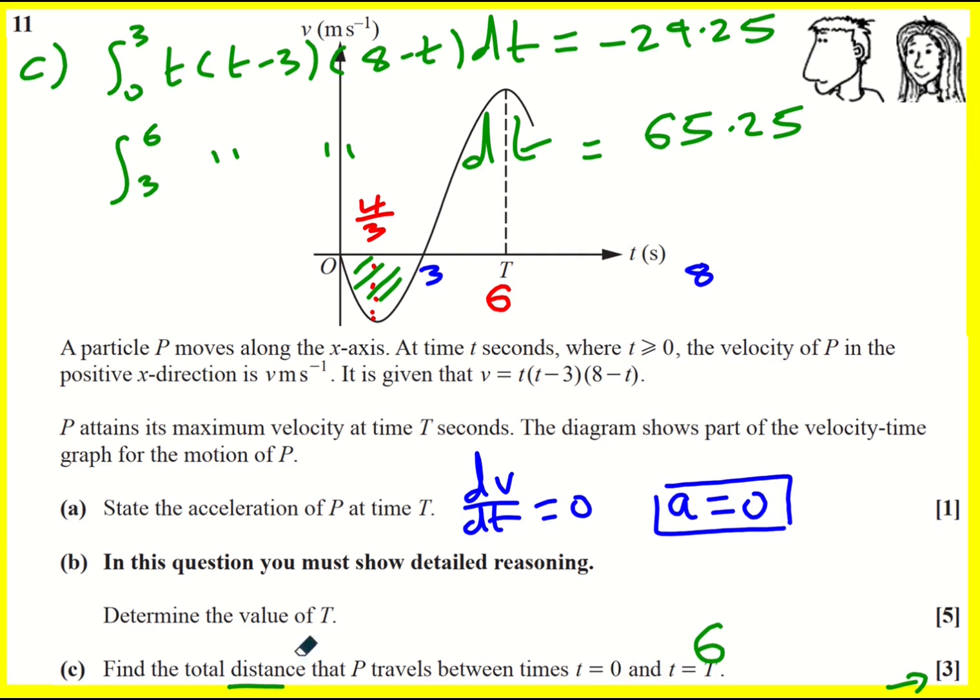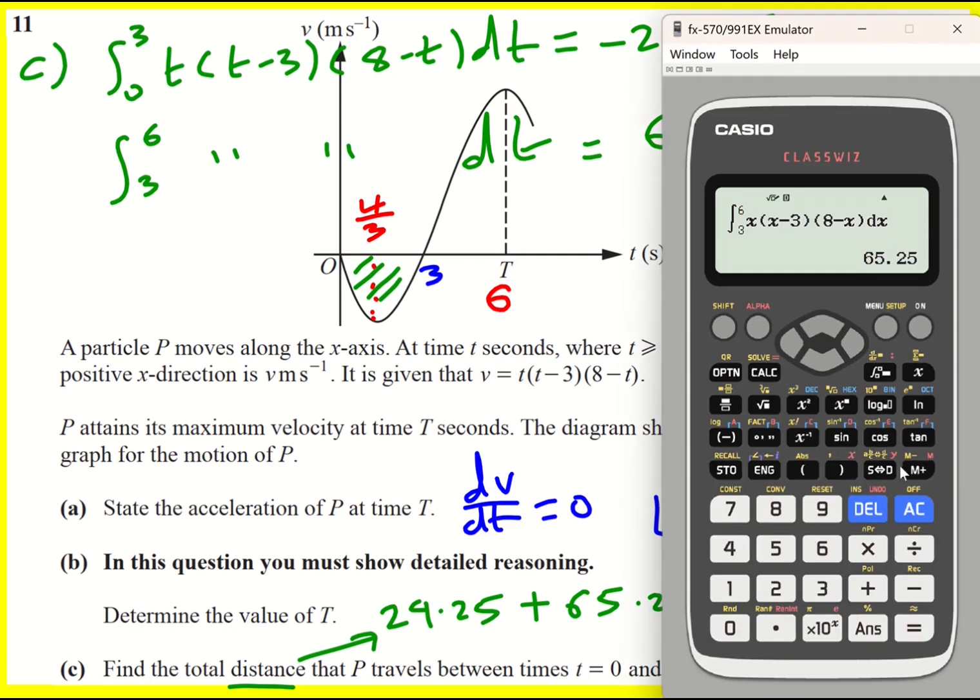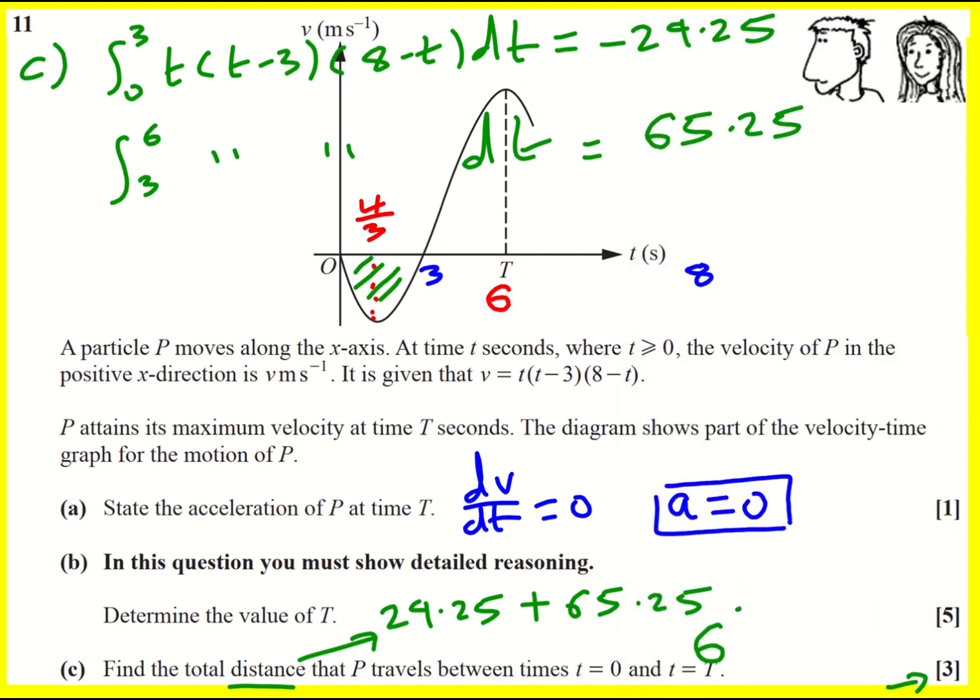So overall, the total distance is going to be 29.25 plus 65.25. We can do this without a calculator. It's probably best to be careful though. So 65.25 plus 29.25 gives 94.5 meters.